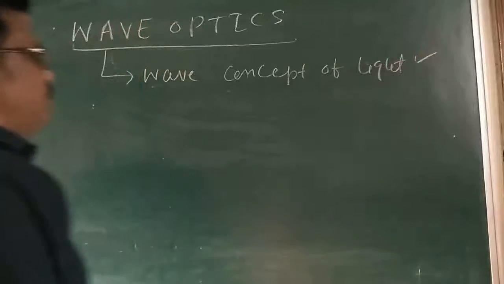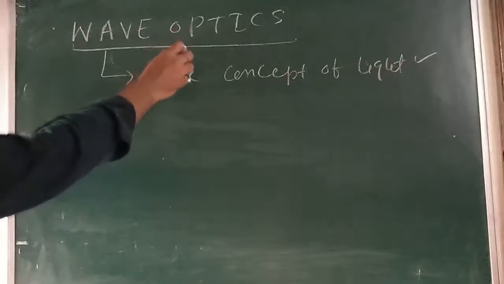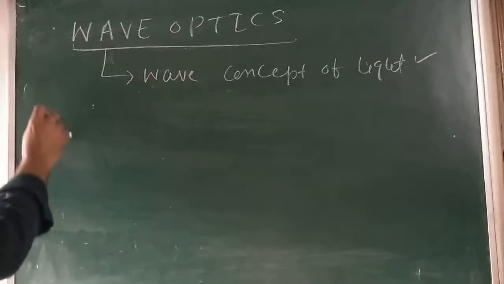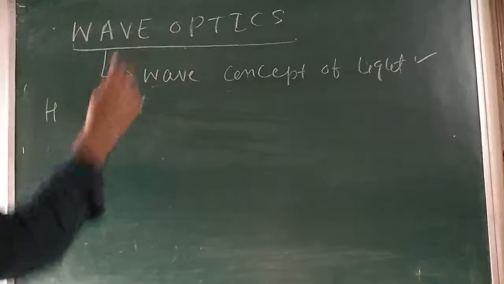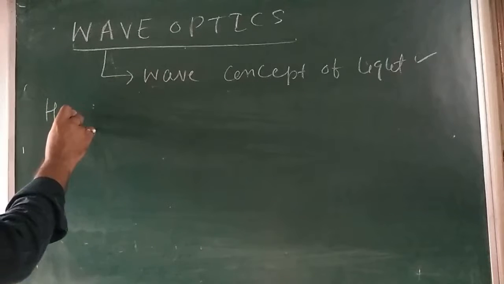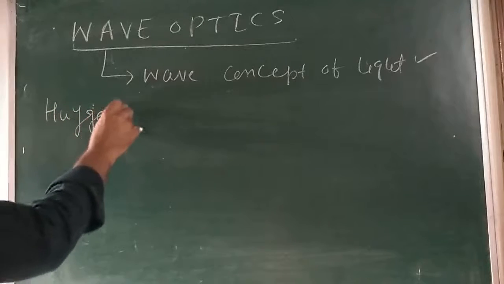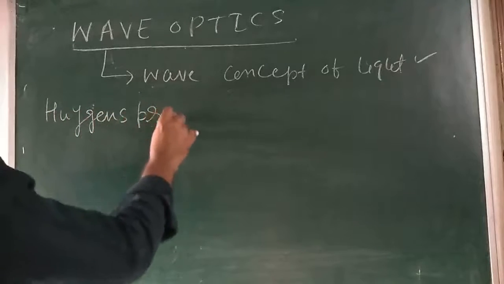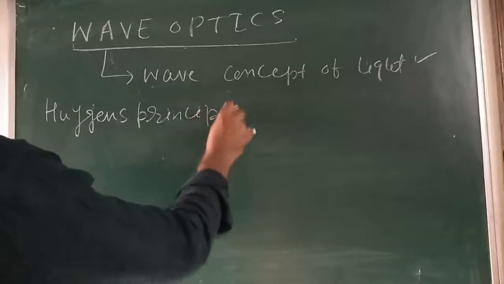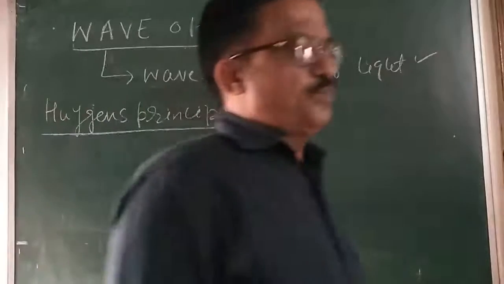Yes, sir. Let us see. This type of physics is called wave optics. In the first part of wave optics, we are going to see Huygens principle. Huygens is the scientist's name. We are going to see the introduction to Huygens principle in this module.